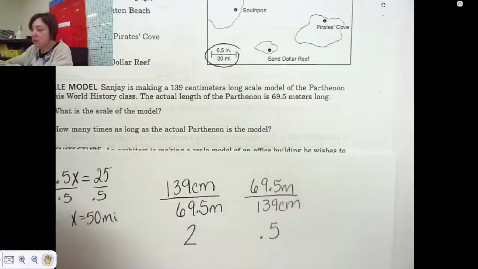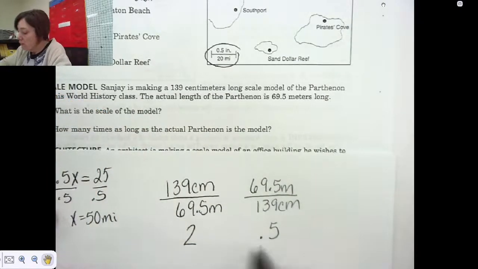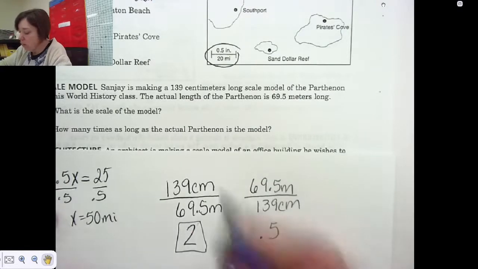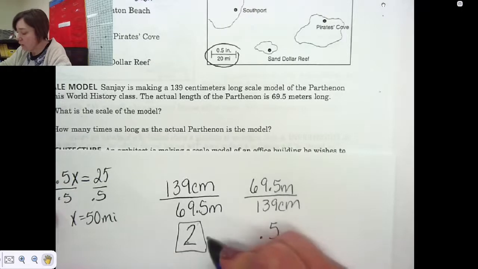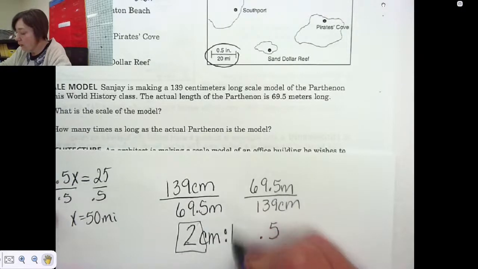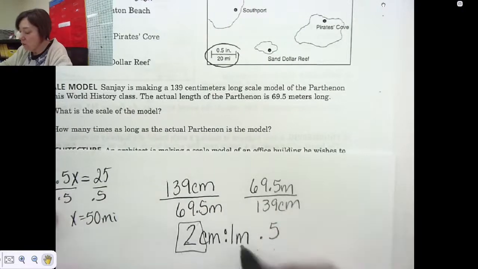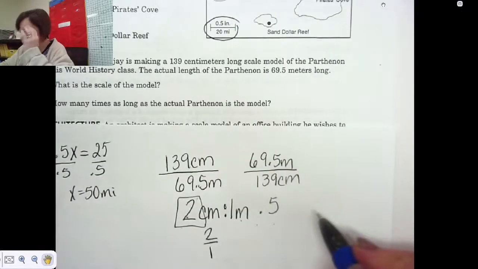Now let's talk about what these answers mean, okay? So if we set it up either way, right, we want the one that's going to give us this whole number value. So we're going to say this means that for every 2 centimeters, there is 1 meter, right? For every 2 centimeters is 1 meter. So you would set this up as 2 to 1, like this, right? 2 to 1.